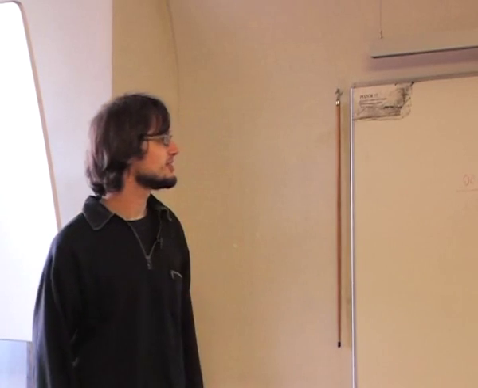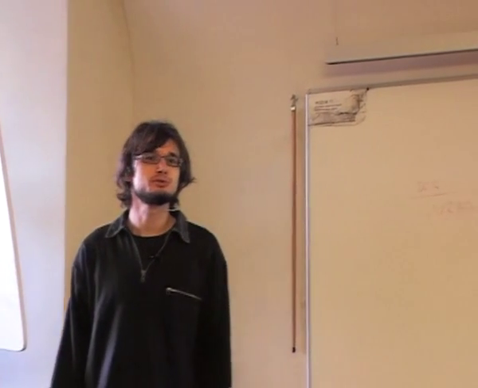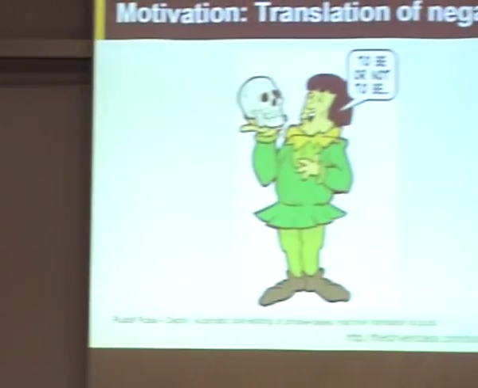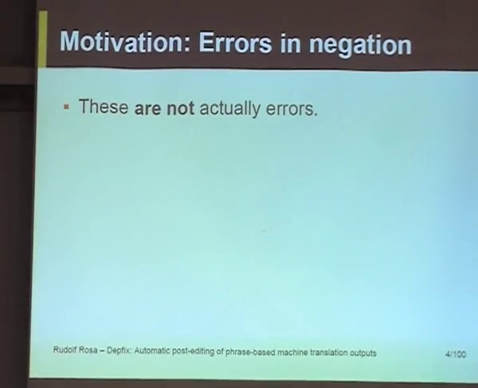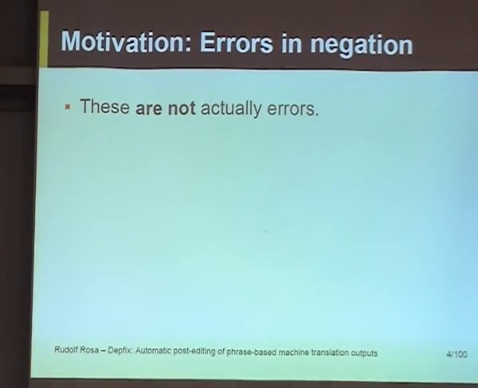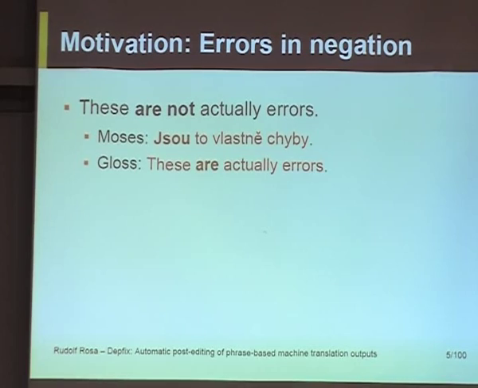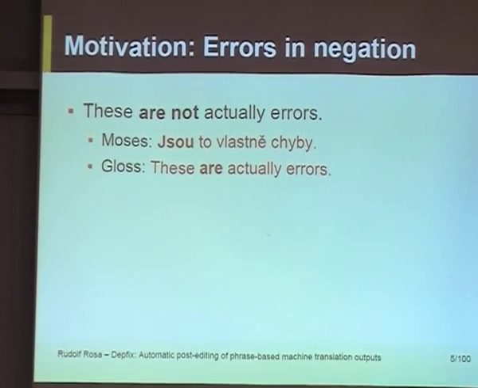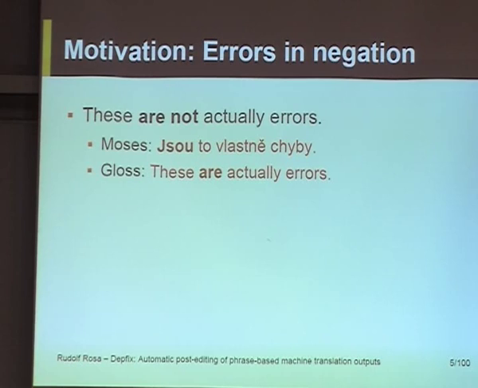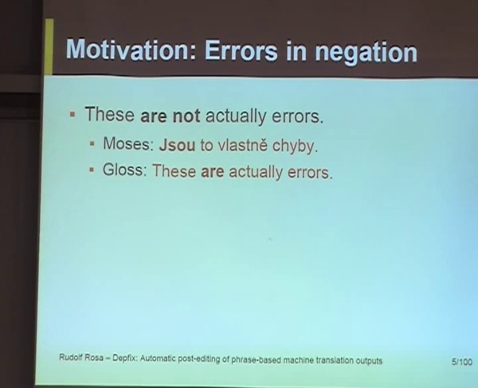Translation of negation is basically the question whether we should use to be or not to be in our translation. And as we can see, machine translation systems can have problems with it. If you take a sentence, these are not actually errors. What Moses produces is souglásné chyby, which means these are actually errors.